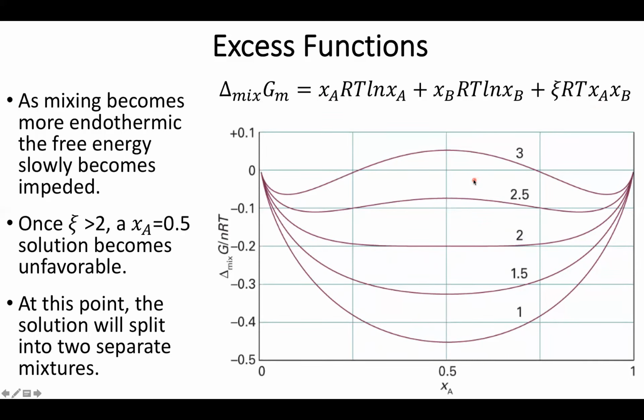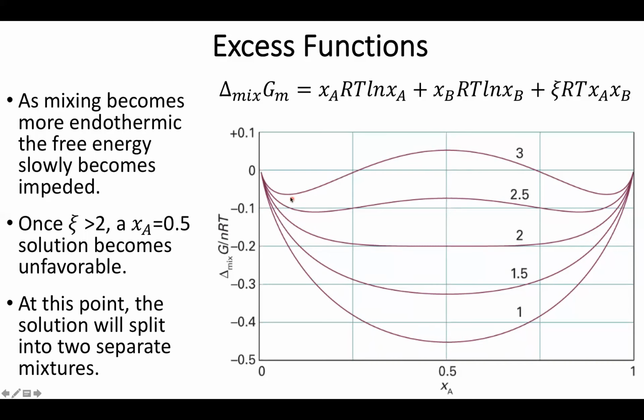And so at this point, we change the most favorable point of my free energy from being this 0 point to essentially being 2 points on either side. And so if I go ahead and mix A and B with a xi greater than 2, and if I mix them in a 0.5 mixture, turns out I actually won't end up with a perfectly mixed species.